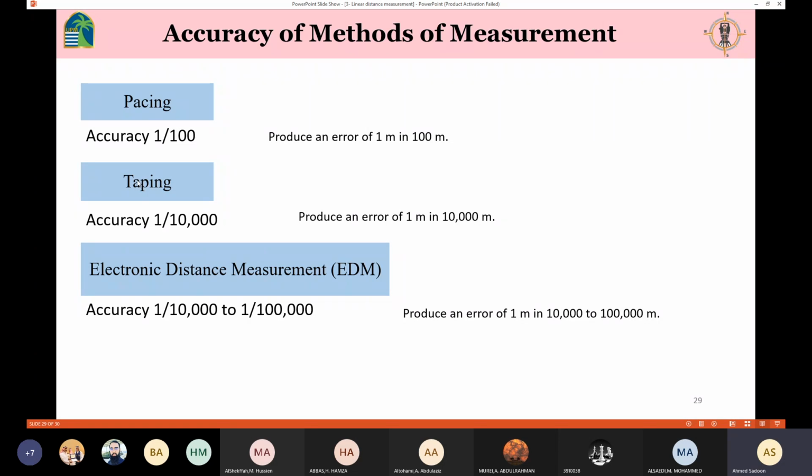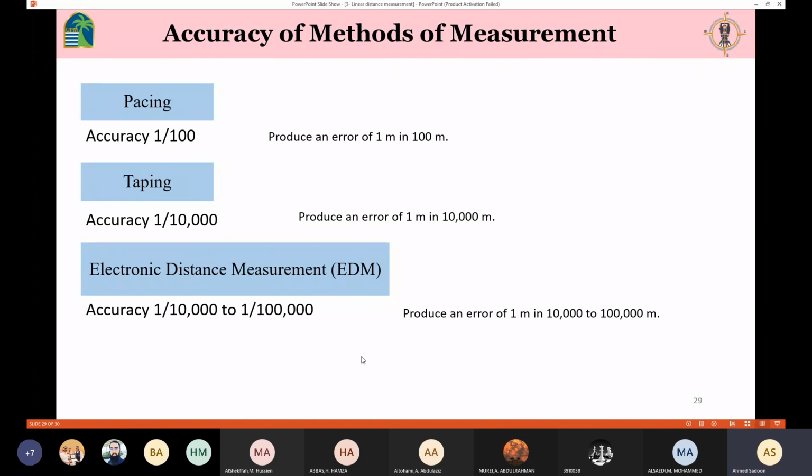If you use taping and measure 10,000 meters, you are going to have an error of 1 meter. So this one is more accurate than that one. And if you use electronic distance measurement, the accuracy is between 1 over 10,000 and 1 over 100,000, which means you are going to produce an error of 1 meter in 10,000 or 100,000 meters.